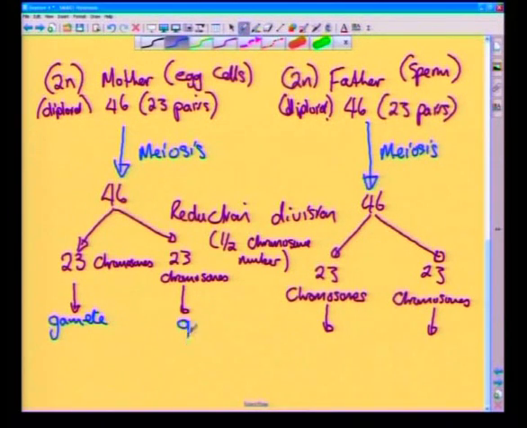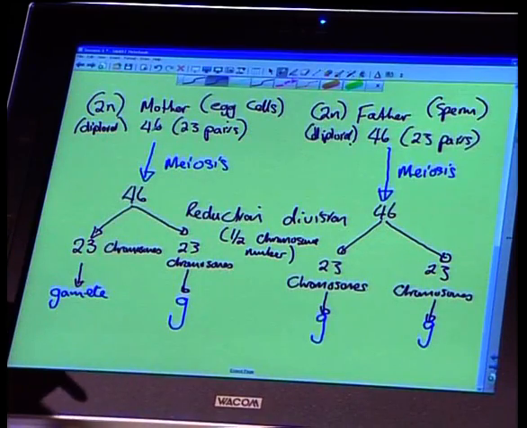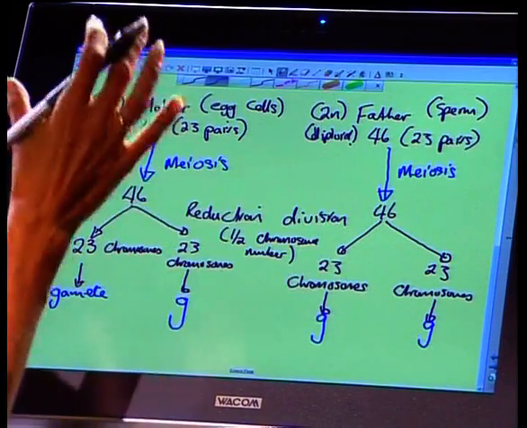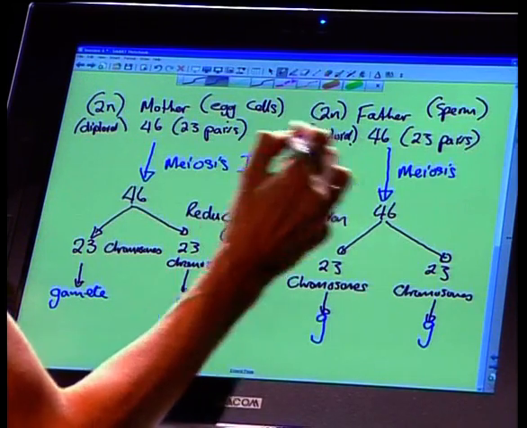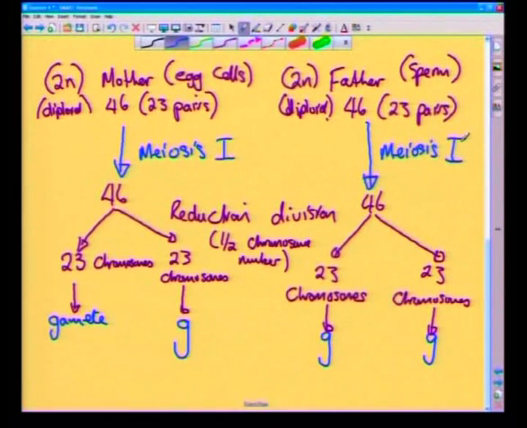I'm just going to write a G here, and a G here, and a G here. Now, if it has 23 chromosomes, it is half of 46, so reduction division has occurred. And this is then going to be meiosis 1. That's where reduction division takes place. So we end up with 4 gametes.